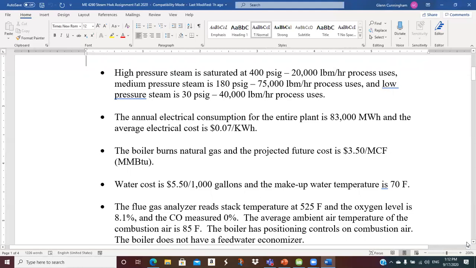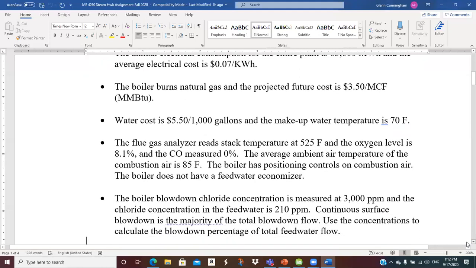The boiler burns natural gas, and the projected future cost that we're going to use is $3.50 per 1,000 cubic feet. Each cubic foot is 1,000 BTUs, so 1,000 thousands is a million. So that's per million BTUs. Water cost is $5.50 per thousand.